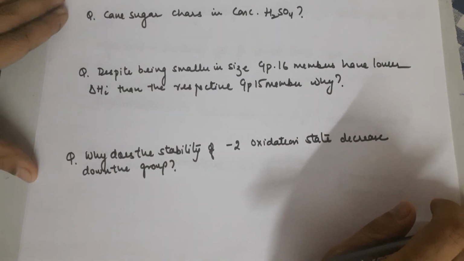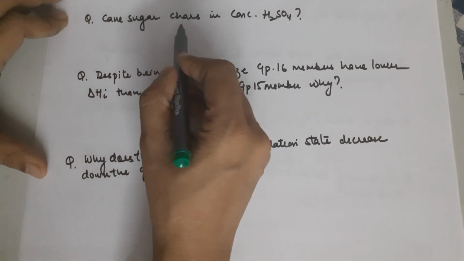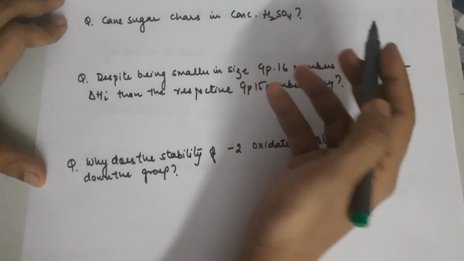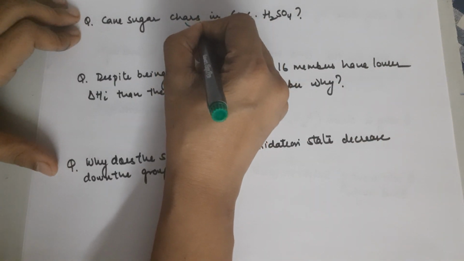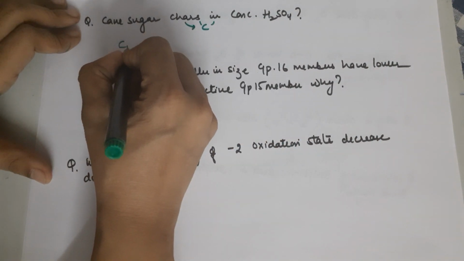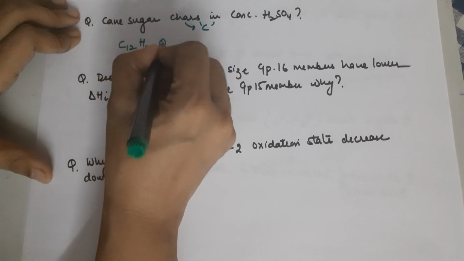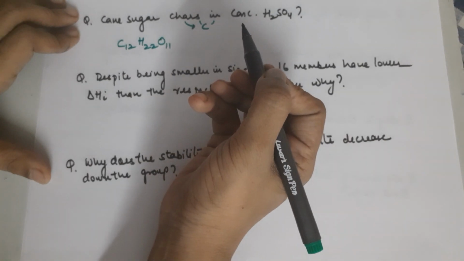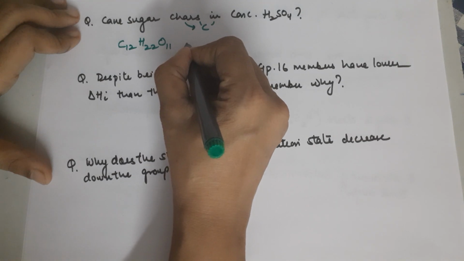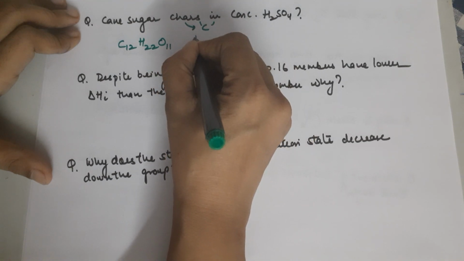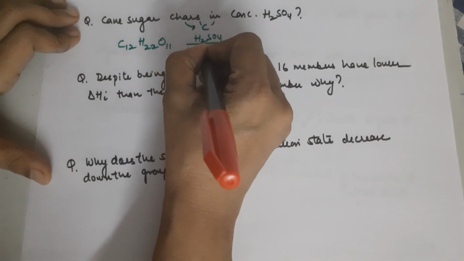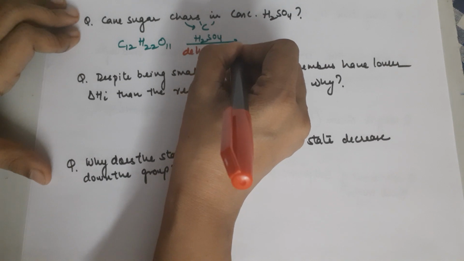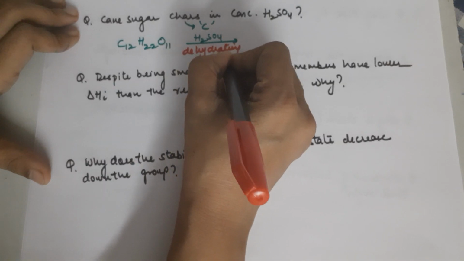Moving on further, the next question is cane sugar chars in concentrated sulfuric acid. Chars means changes to carbon. Now cane sugar is C12H22O11, the sugar that is your edible sugar. If you treat it with concentrated sulfuric acid, this concentrated sulfuric acid is a dehydrating agent. This removes water.